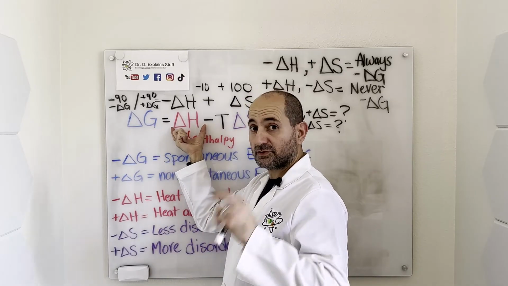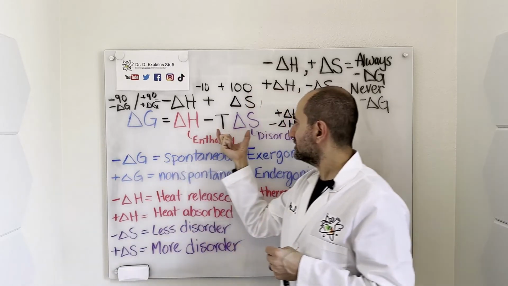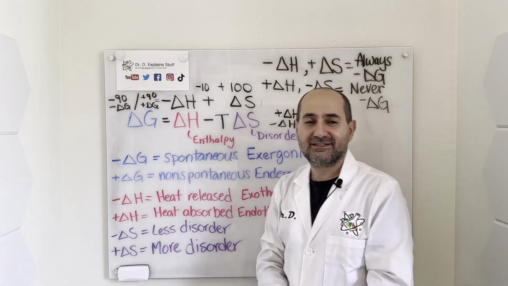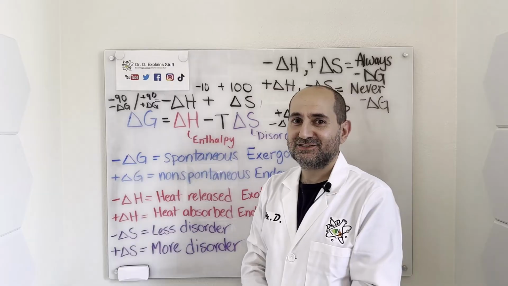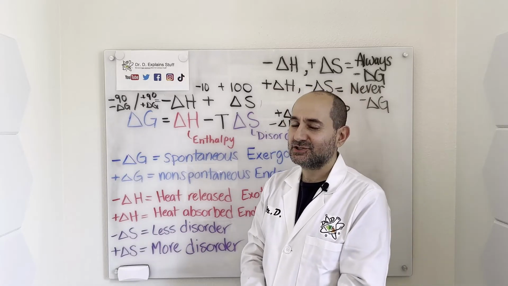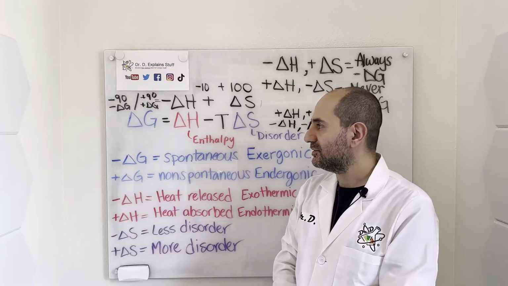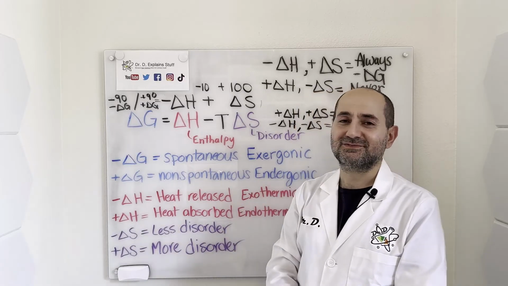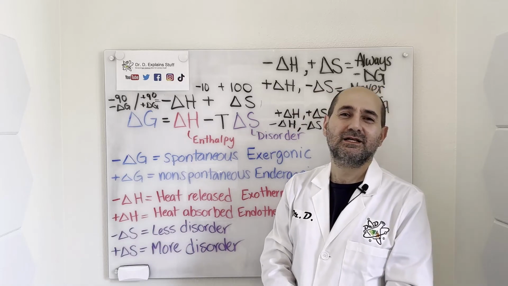Either the disorder of releasing heat or the disorder of actual disorder. Okay, so if you don't understand this stuff, no worries, go over it a few times, do some examples, read your textbook, you can do it. I know thermodynamics is hard, but hopefully this made better sense of what Gibbs was trying to tell us.